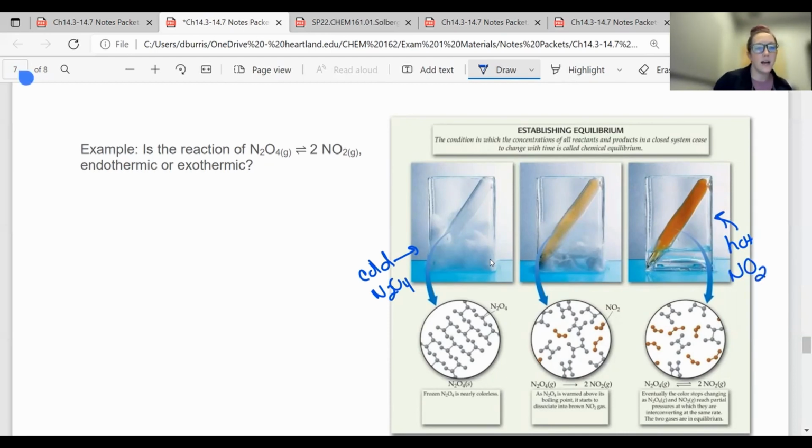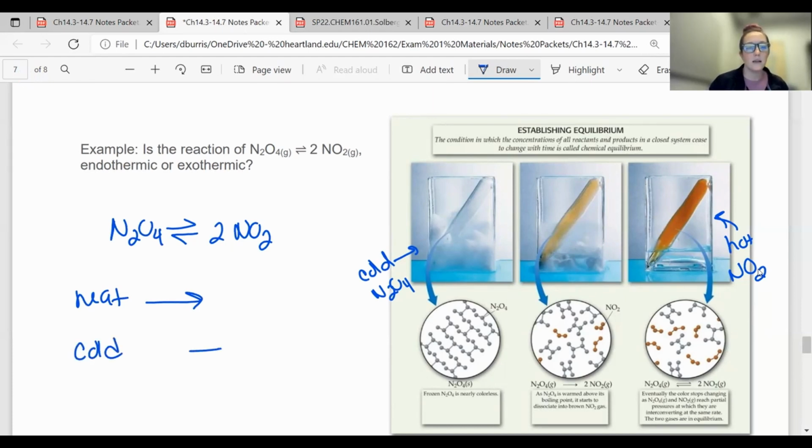Okay, so if I'm looking at this reaction, N2O4 makes 2NO2, I want to figure out which side heat is on. So when I heat this up, which way did it shift? I heated it up and it turned brown. So that means it shifted to make more NO2. So if I look at the data, heat caused it to go that way. And when I cooled it down, it turned to all N2O4.